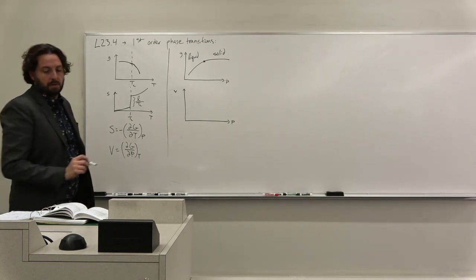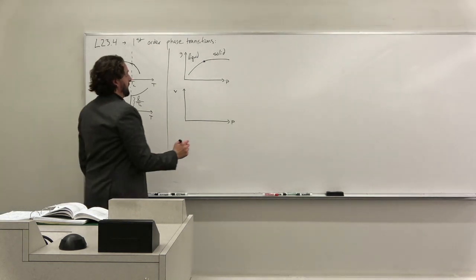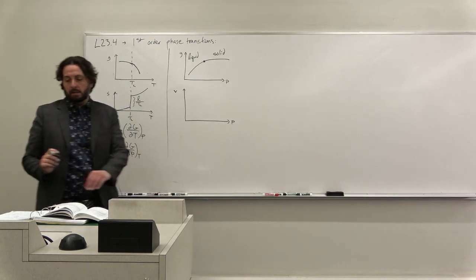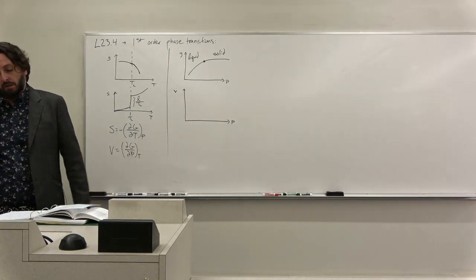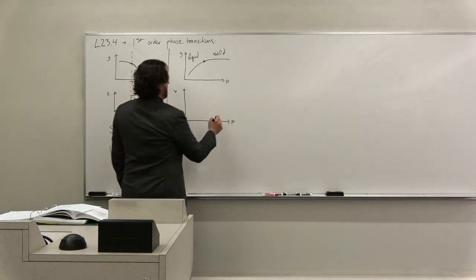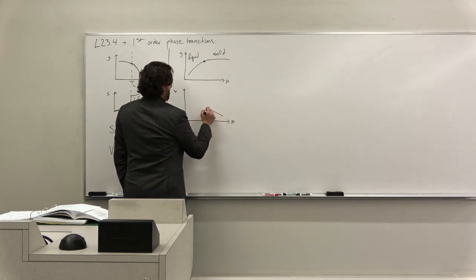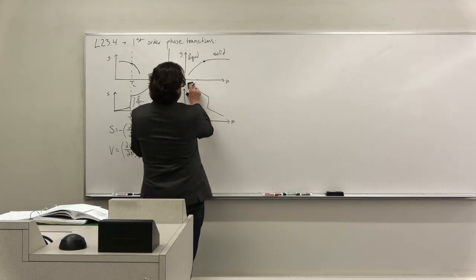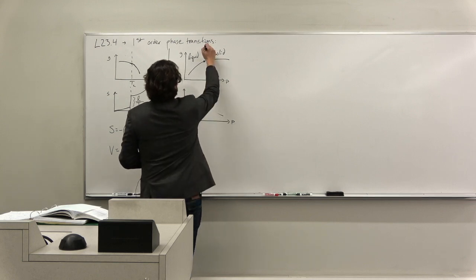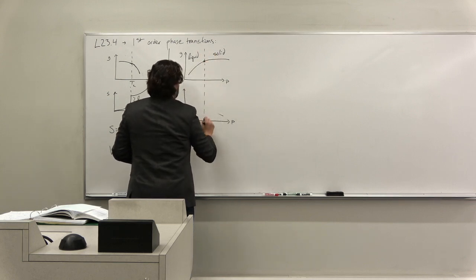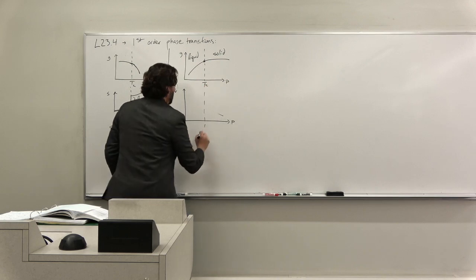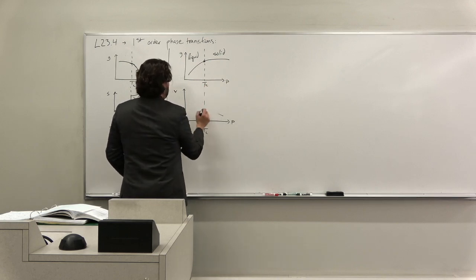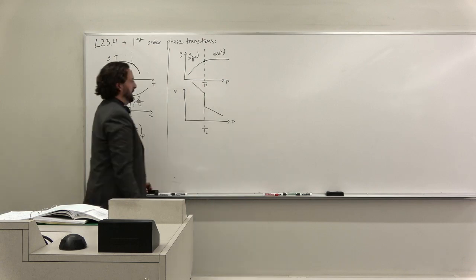That is, when you go from the solid to the liquid, the volume should jump up. So at Tc, the volume should jump and have a discontinuity.